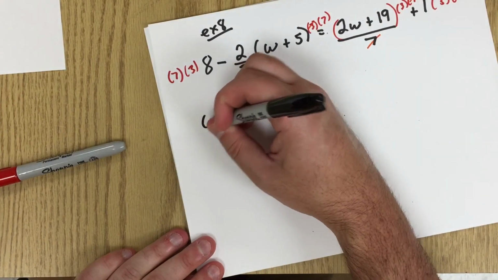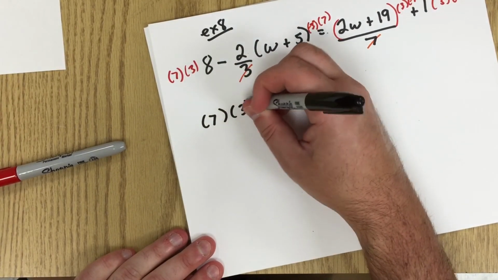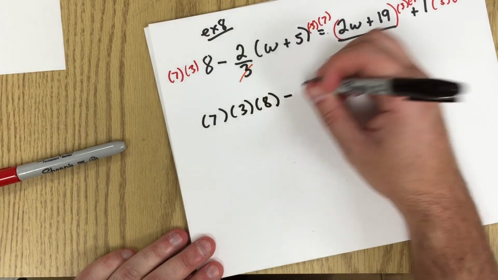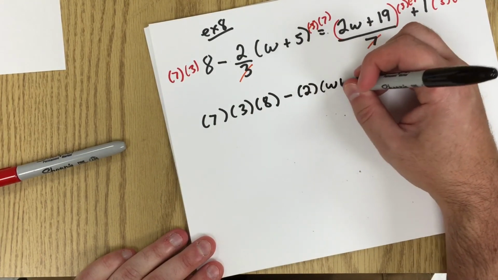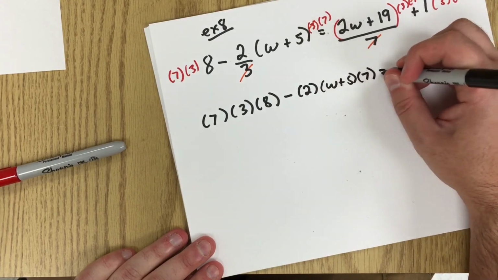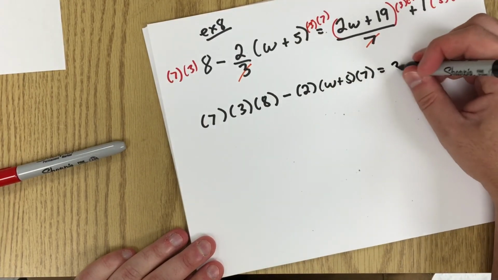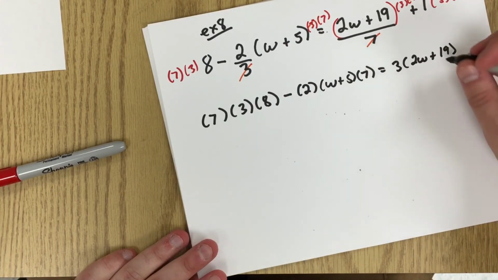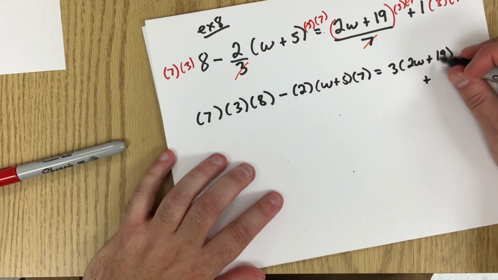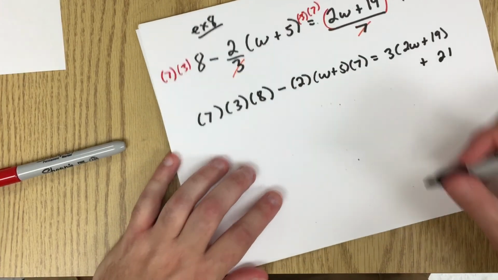And we end up with 7 times 3 times 8 minus 2 times w plus 5 times 7 equals, there's a 3 left here, 3 times 2w plus 19 plus 1 times 3 times 7, which is 21.